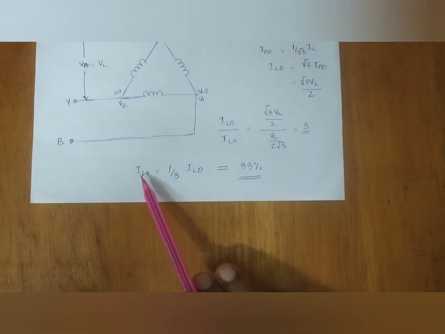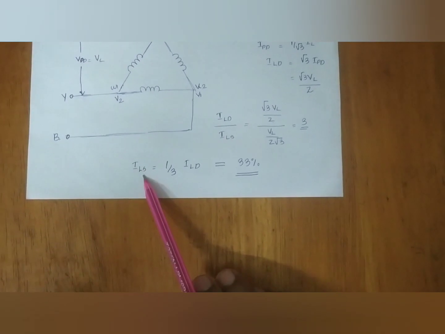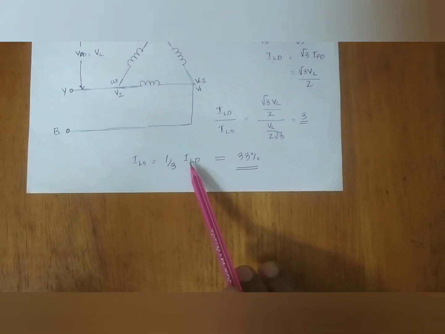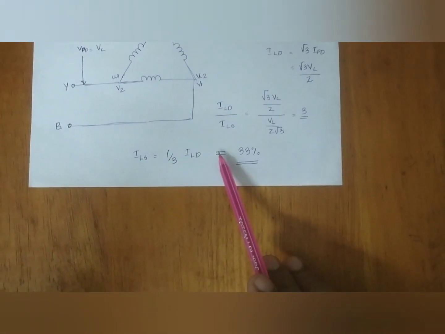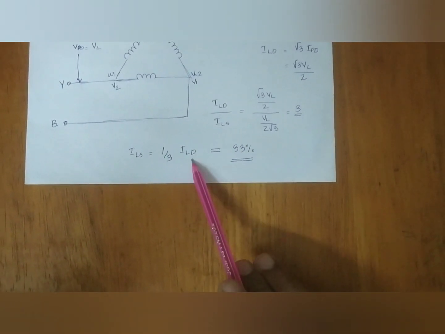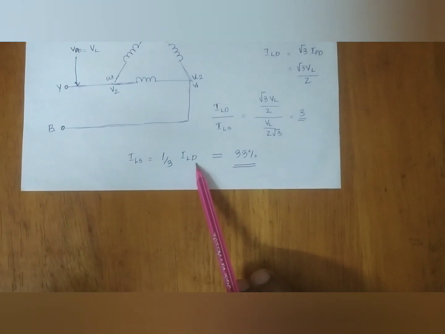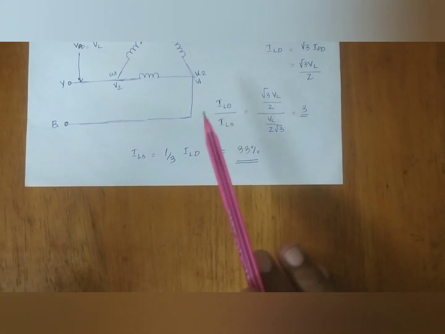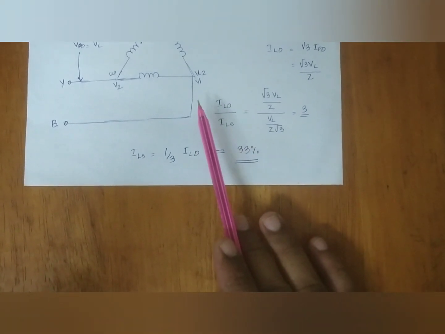And we can say from this, line current in star will be 1 by third of the line current in delta. That is, the line current in star will be only 33% of the line current in delta. This is why we are using star connection to reduce the current during the starting of a motor in star delta connection.